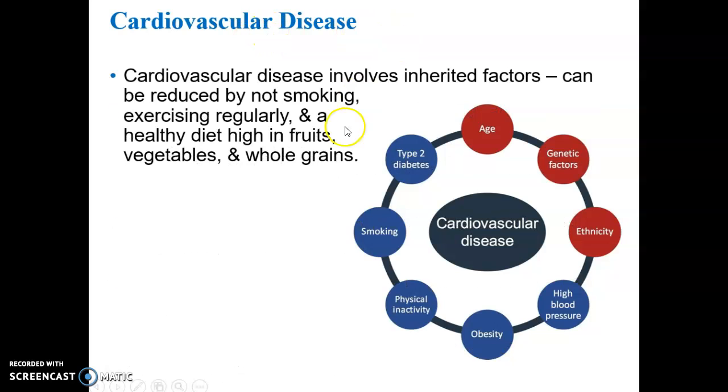So continuing, cardiovascular disease can involve lots of factors, inherited and genetic factors.